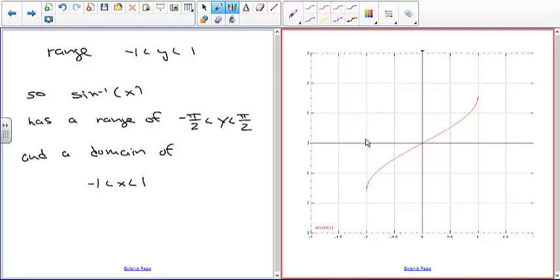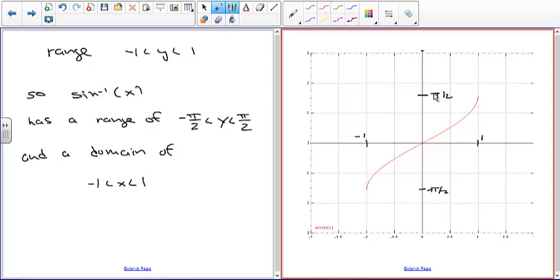So you can see the domain here goes from -1 to +1, and the range would go from negative pi over 2 to positive pi over 2. So they get flipped around. So what does the inverse sine function look like? Looks like that.